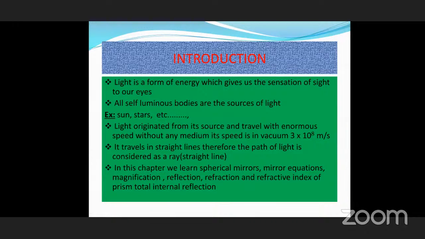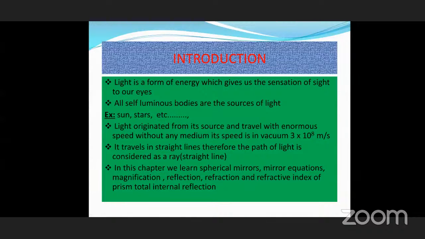There are two important properties of light that you can tell without any experiments: first, its speed, and second, light travels in straight lines. How can you tell? If you take a torchlight and put your hand, you can see the shadow of your hand and fingers.